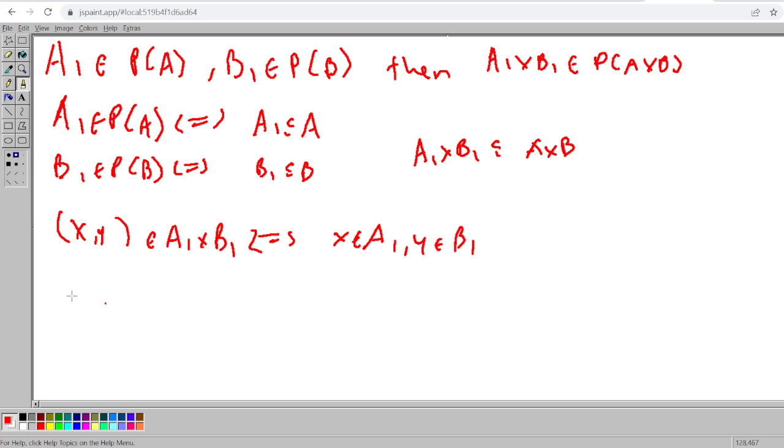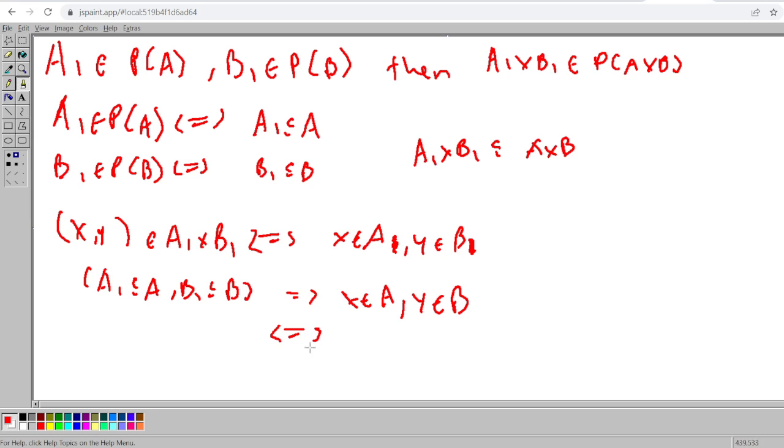And so we can replace it by saying A1 is a subset of A, B1 is a subset of B. Which implies that, or not even that, we don't even need the 1. It's just x is in A, y is in B. x is still in A, y is still in B. And again, that is just equivalent to saying that (x, y) is in A times B.